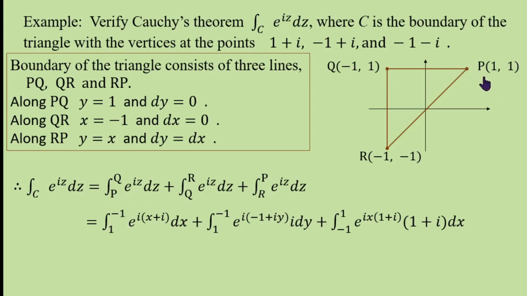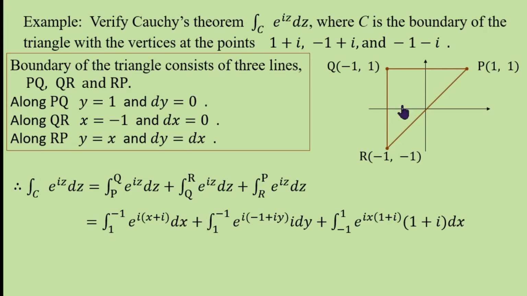P to Q means x varies from 1 to minus 1, e power i into z, where z is x plus iy, but y is 1, so e power i into x plus i, and dy is 0, therefore dz becomes dx plus i dy, and dy 0 means it becomes dx.